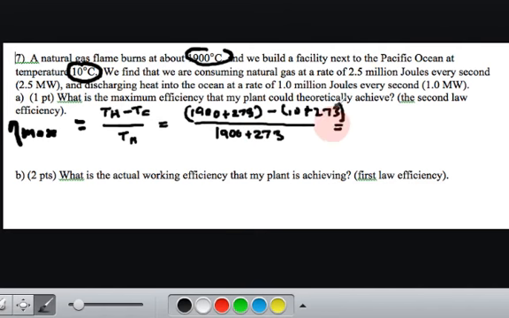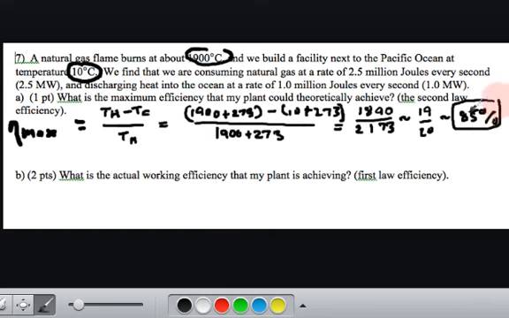So you have on the top essentially 1890 divided by 2173. This is roughly 19 over 20, very close to that, which is roughly equal to 80%. Let's see. No, 85%. 85% efficiency. This is the maximum possible in this scenario, given those two temperatures.